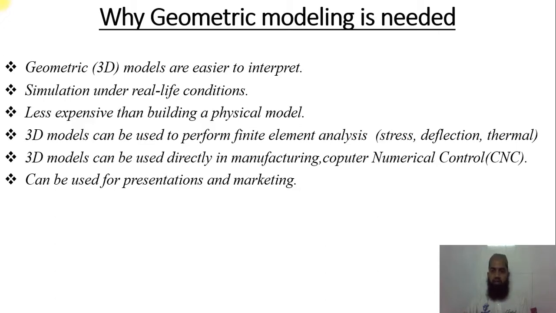As you all know, whenever we do any kind of modeling as well as analysis, any kind of action required on the material, or we want to design any product and need to go for the analysis, we require a physical model. A physical model is more expensive compared to geometric modeling. In geometric modeling, we just develop the model and do all the analysis.